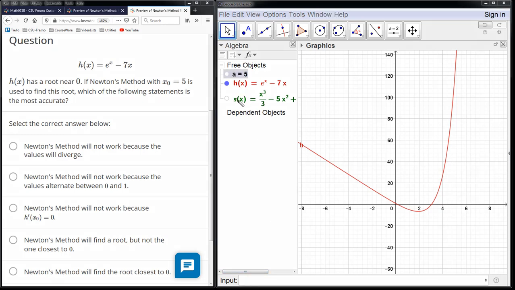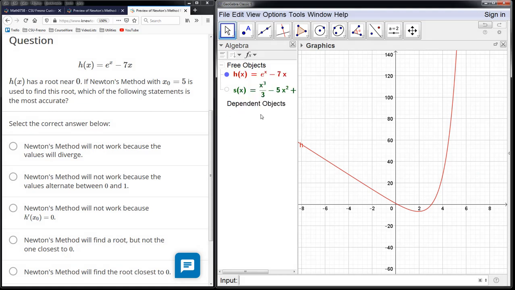You can ignore this function right here, that's for a different problem. The function we're working with right now is called h, so I'm just going to enter 5 comma h of 5, because GeoGebra knows what h is.